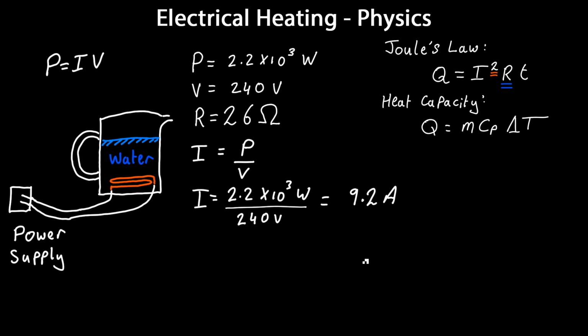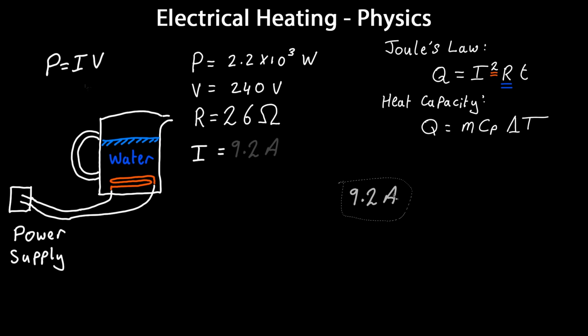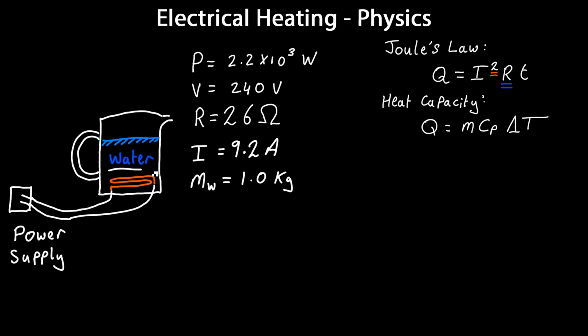Now for the remainder of this question, I'm going to assume that the resistance is exactly 26 ohms and the current exactly 9.2 amps. This simply makes our calculation easier as we go through this process. We also have the mass of water, which is 1.0 kilograms.